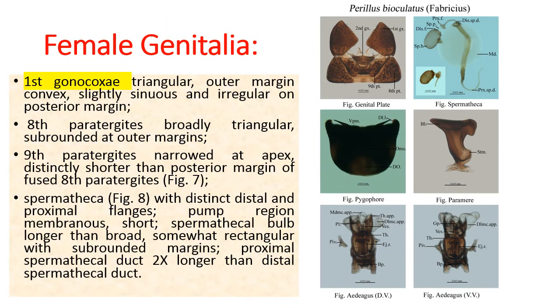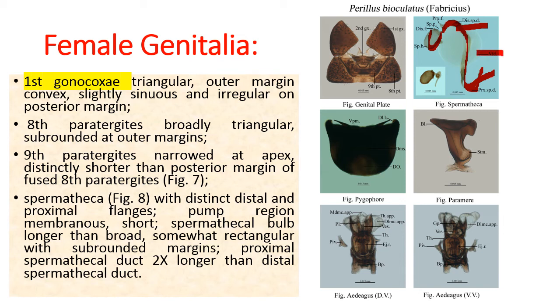In the case of the female spermatheca, as you can see, this is the spermathecal bulb. It is composed of the spermathecal duct. So this is the entire spermathecal duct. This part is the distal and proximal parts, this is the spermathecal bulb, and this is the median region, the pump region.